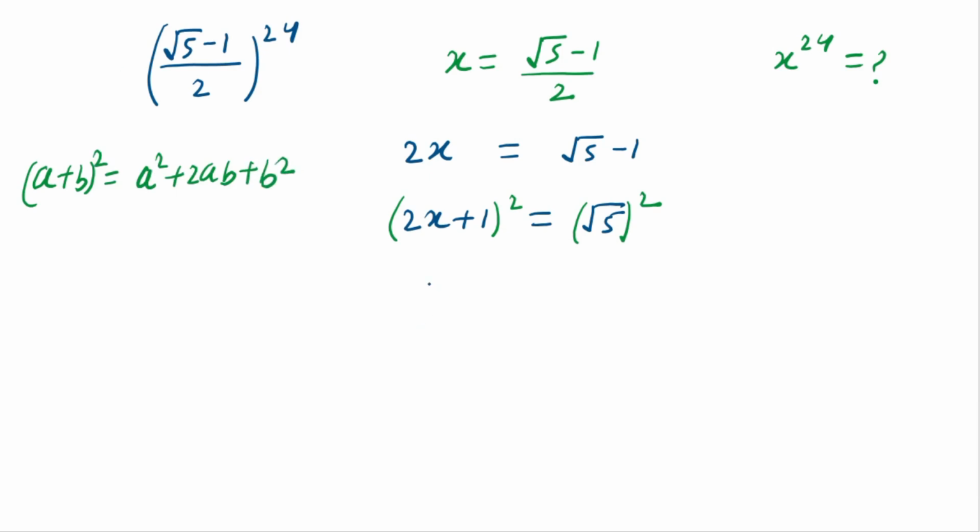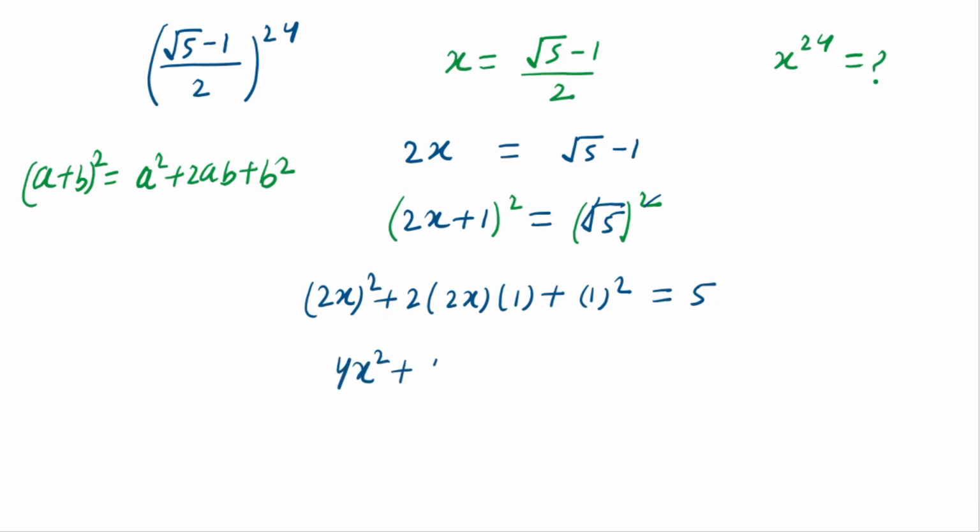Then in left hand side 2x plus 1 whole square is 2x bracket power 2 plus 2 times a is 2x and b is 1 plus 1 square, and this is equals to square root is cancelled out by this square, then here 5. 2x square is 4x square plus 2 times 2x is 4x plus 1 square is 1, and this is equals to 5.